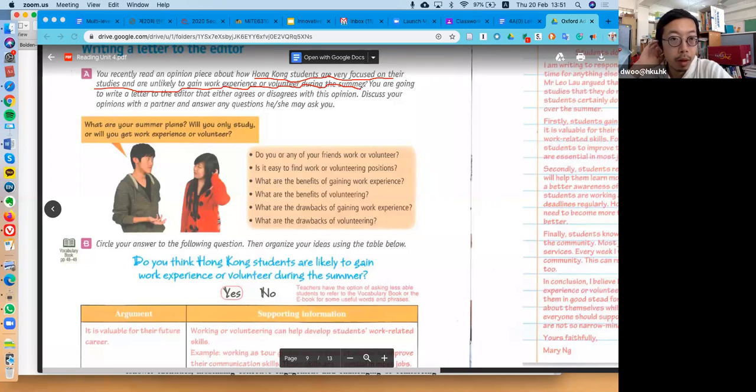And the assumption is Hong Kong students don't gain work experience or volunteer during the summer because they are busy studying during the summer.